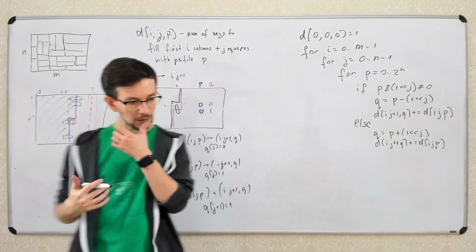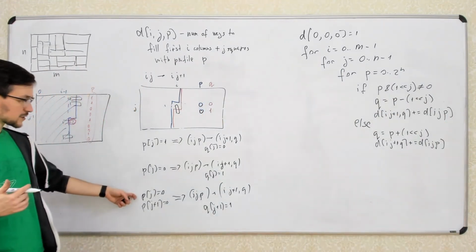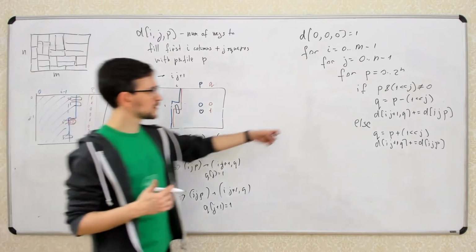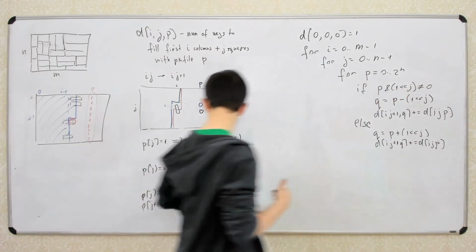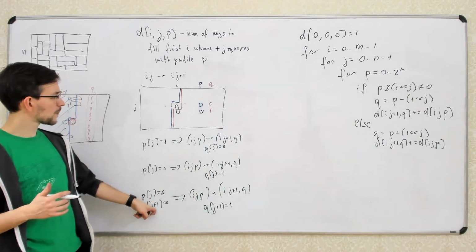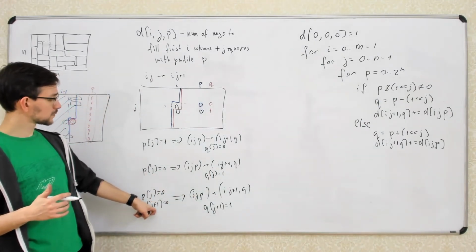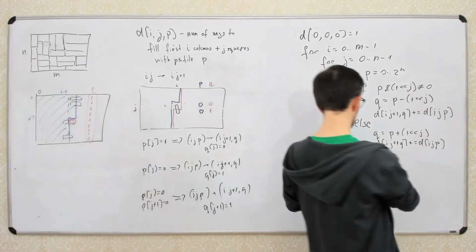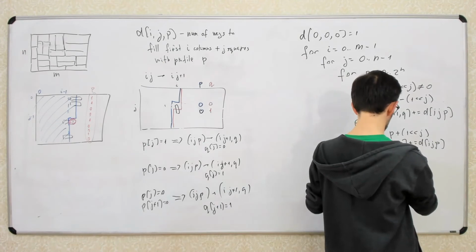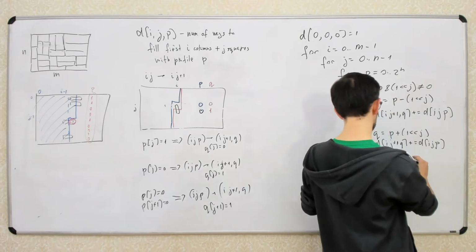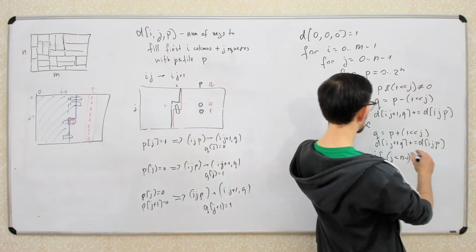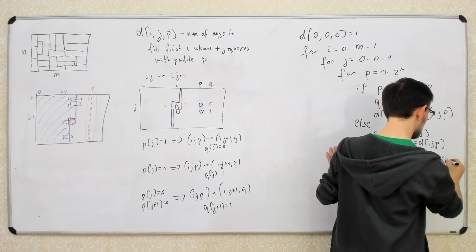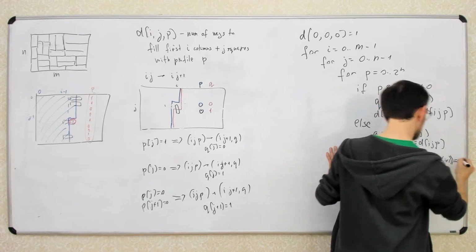And finally this, so we need to check that these two bits are equal to 0. We already checked the bit j, so we need to check that bit j plus 1 equal to 0. We also need to check that j is not the last bit, so let's see if j is less than n minus 1, and we need to check this last bit, p and 1 shifted by j plus 1 equal to 0.